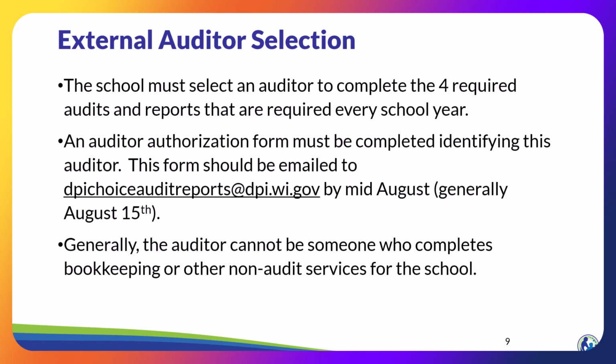Generally, the selected auditor cannot also complete bookkeeping or other non-audit services for the school. The auditor authorization form training available on the on-demand training webpage provides additional information on the auditor requirements and information on how to complete the form.